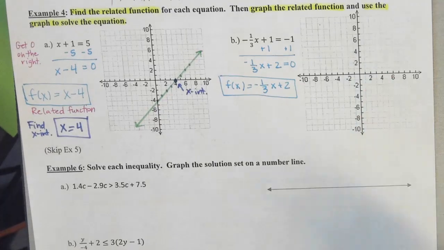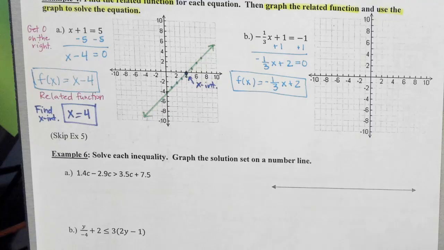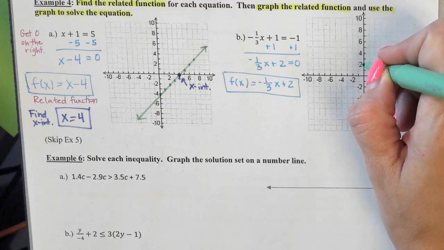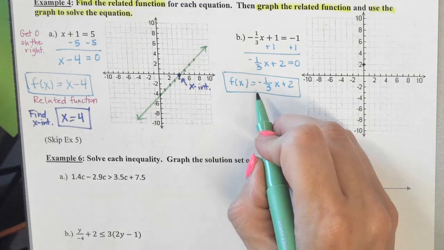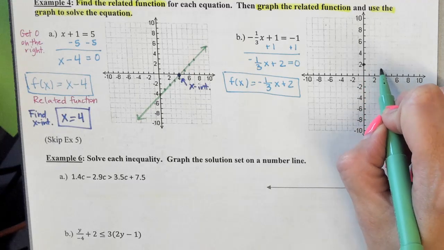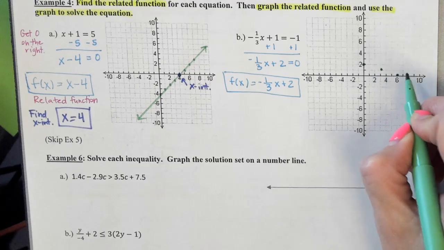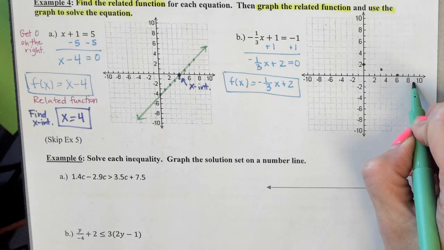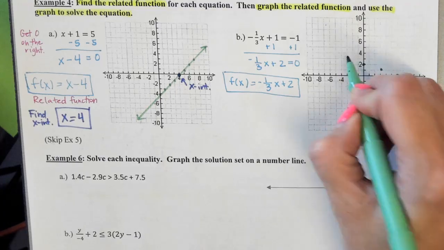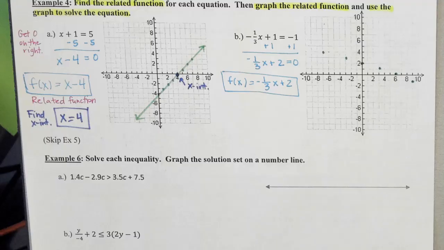Okay, so we're going to start at 2, and then I'm just going to go over again how to use your slope, because I started creating some of the tests, and I know that some of us aren't going the right direction. So if it's a negative, you can go down 1, and then right 1, 2, 3, and then down 1, 1, 2, 3, and then if you go up 1, then you're going to go to the left.